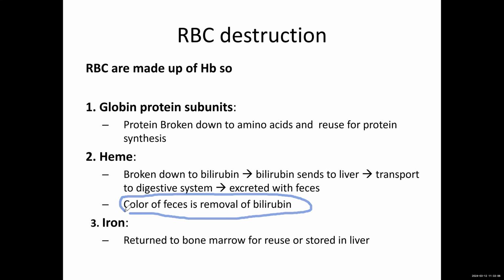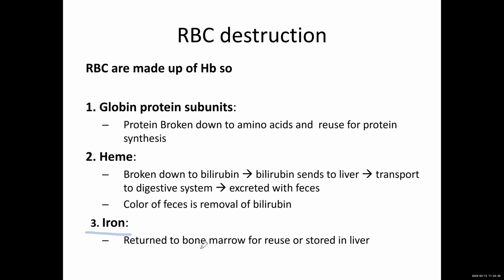So you notice that it doesn't matter what color food you eat, your feces are always yellow-brown, right? So this yellow-brown color is because of the destruction of heme. Your blood cells die, and this heme is converted into a pigment that is yellow-brown in color. And we have iron.